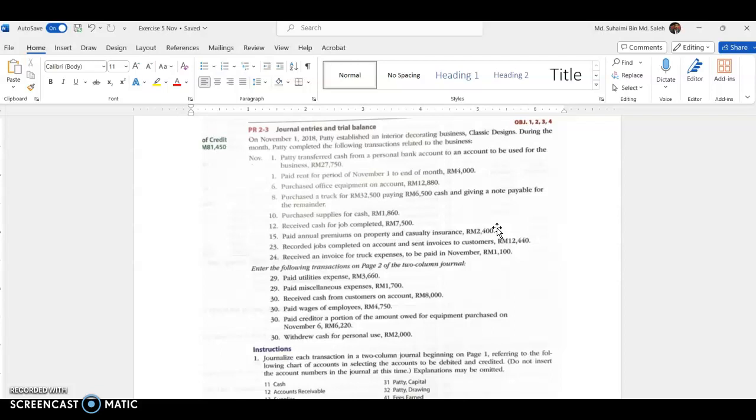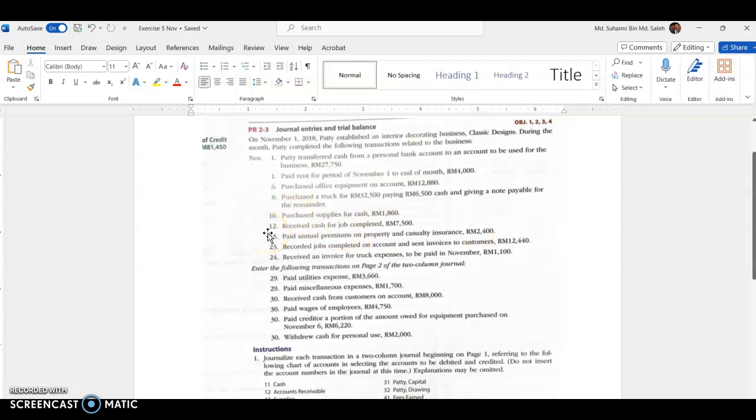Next, purchase supplies. Supplies is an asset account, so we have to create supplies account. Debit supplies account 1,860, and credit what? Credit cash 1,860.